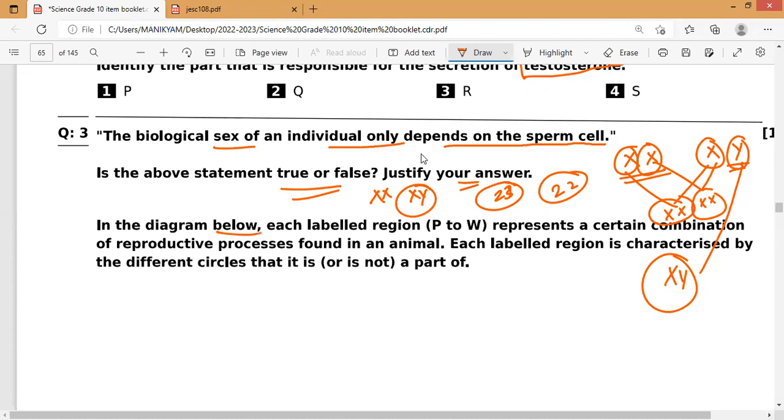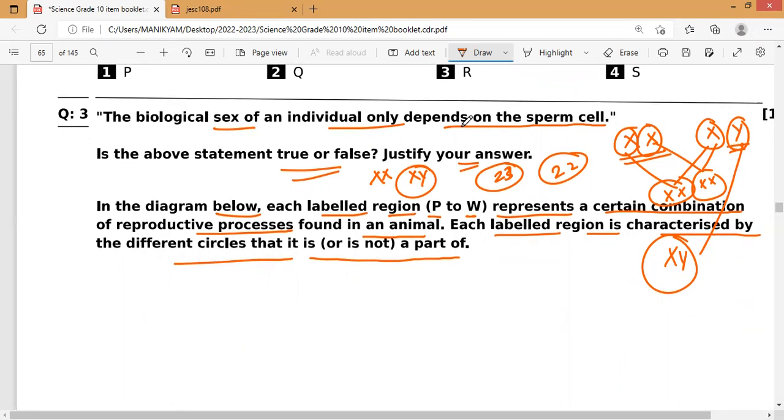Next, in the diagram below, each labeled region P to W, like a Venn diagram, a mathematics-related thing, represents a certain combination of reproductive processes found in an animal. Each labeled region is characterized by the circles that it is a part of or is not a part of.